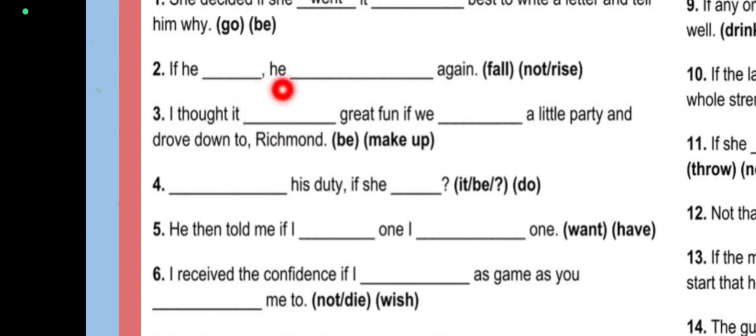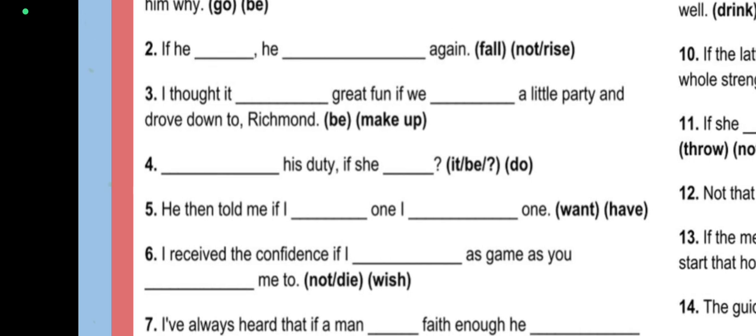The result clause would be. But here we have the conditional clause. So we have to use simple past. So the past form of the verb make up is made up. Okay, yeah, thank you. Awesome.